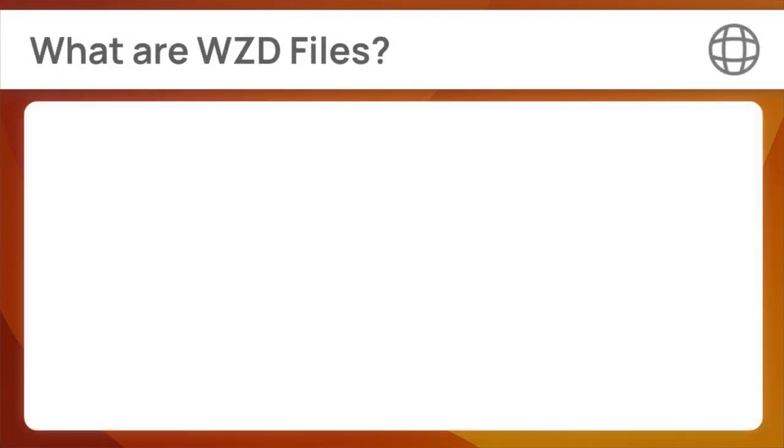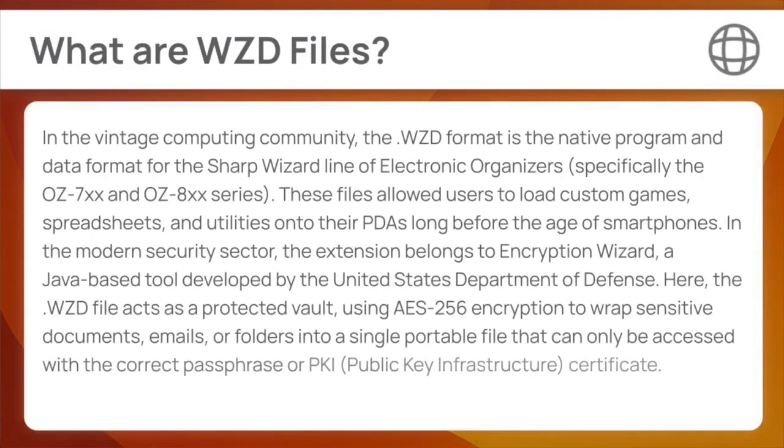In the vintage computing community, the WZD format is the native program and data format for the Sharp Wizard line of electronic organizers, specifically the OZ7X and OZ8XX series. These files allowed users to load custom games, spreadsheets, and utilities onto their PDAs long before the age of smartphones.